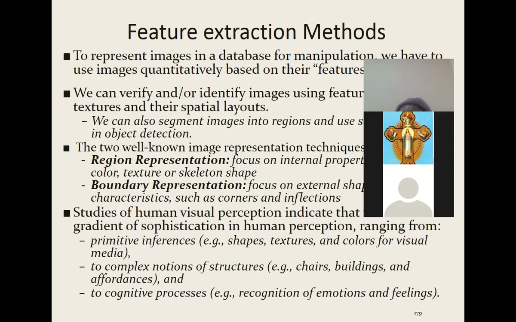Text we can manipulate directly, but since images are not directly manipulated, we have to extract the features properly. Rather than extracting one type of feature, we have to mix different types of features for representation. In general, these features are divided into region-based features and boundary-based features.